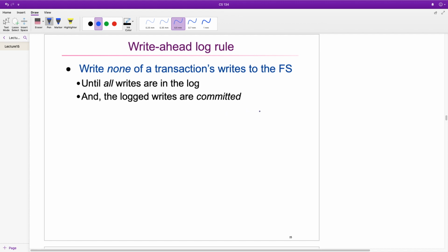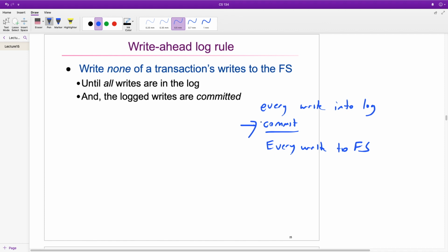So the key is every write in the log, then commit, then every write to the file system. And this has to be atomic, that commit. And it will be as long as we write one sector.